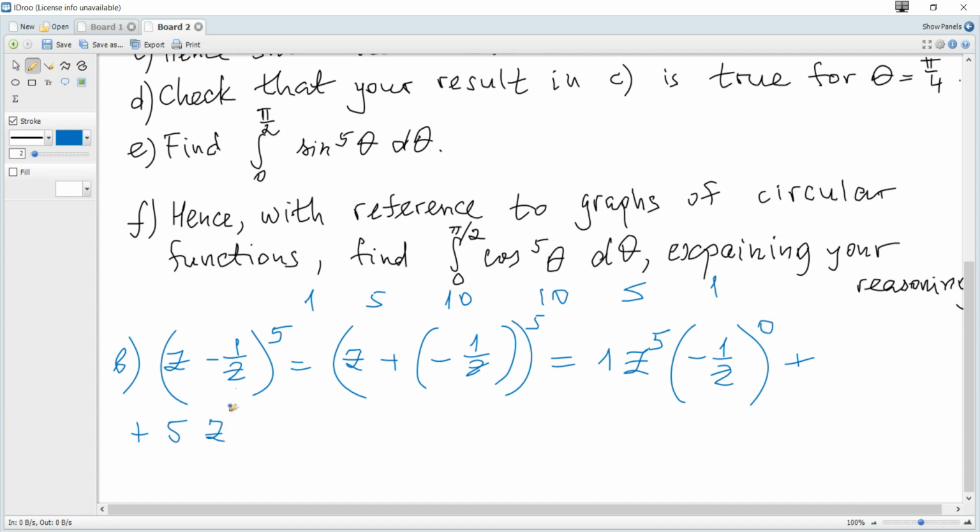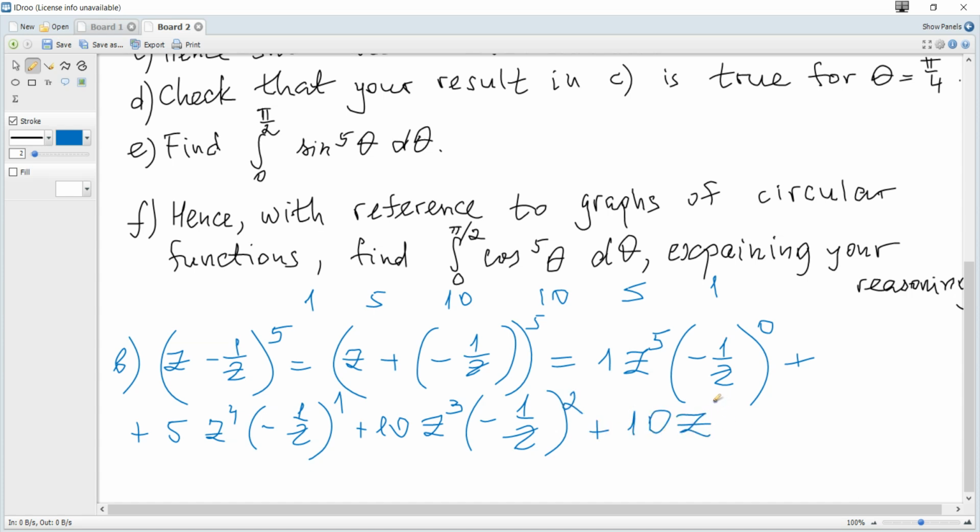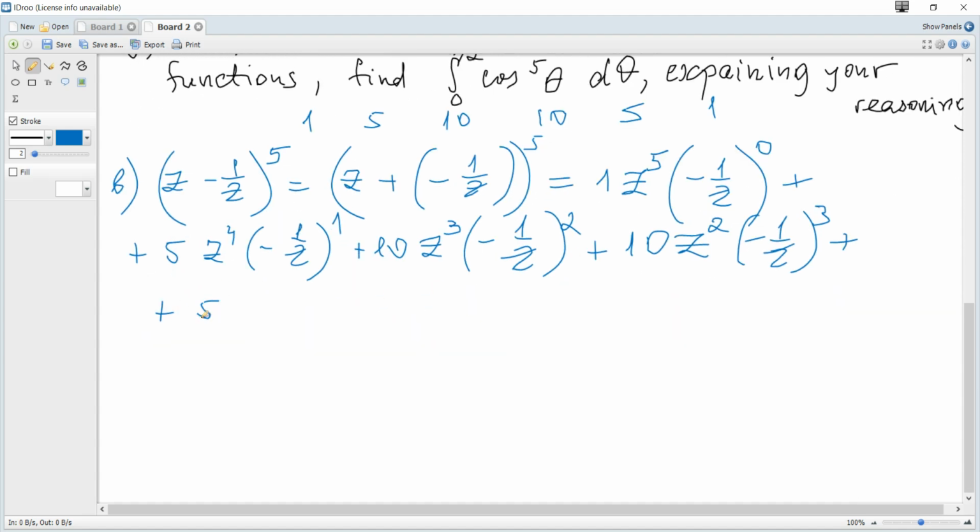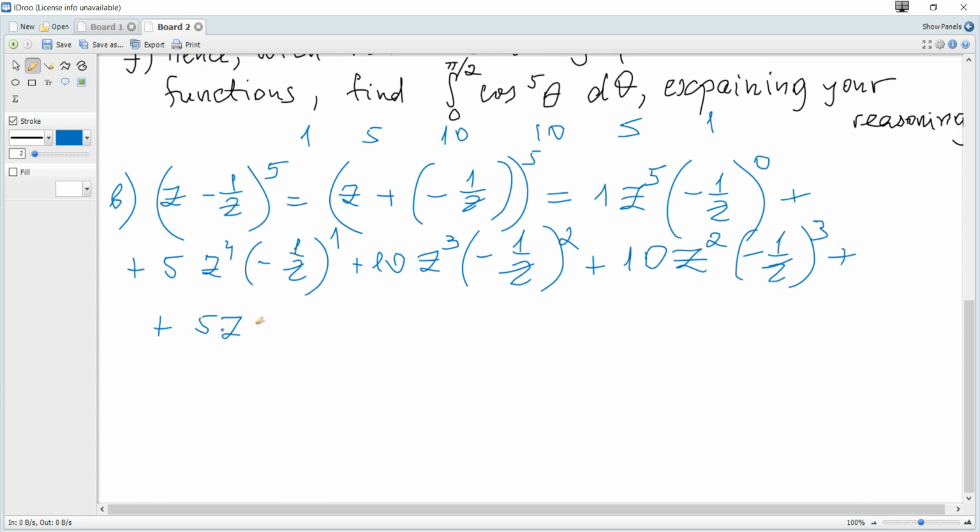So it becomes z to the power of 4, negative 1 over z to the power of 1, plus 10 z cubed negative 1 over z squared, plus 10 z squared negative 1 over z cubed, plus 5 z negative 1 over z to the power of 4, and finally plus 1 z to the power of 0, negative 1 over z to the power of 5.